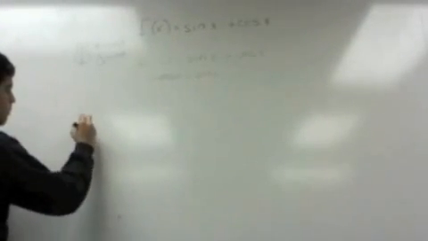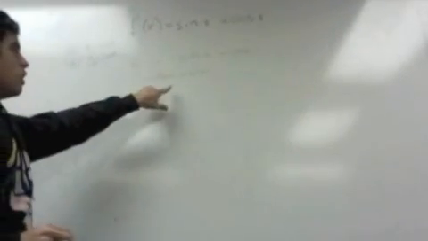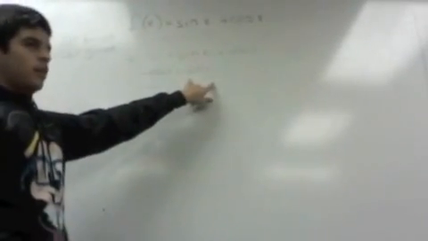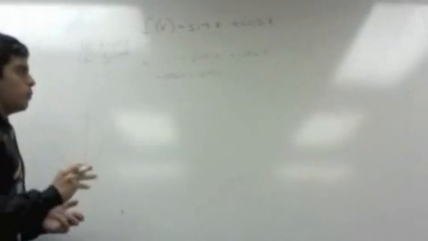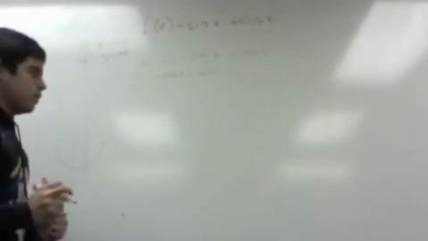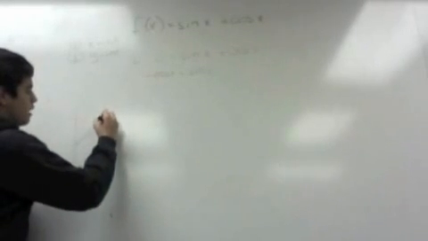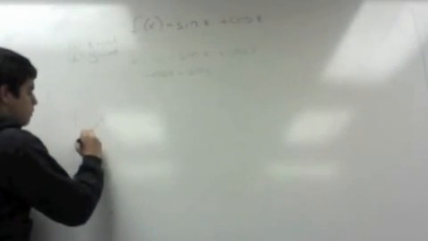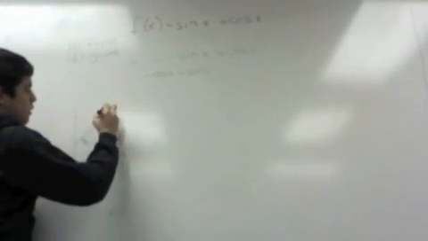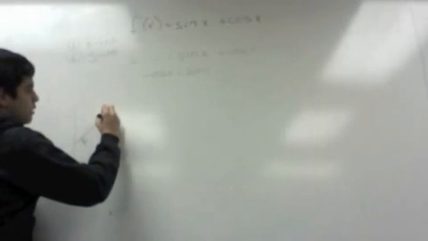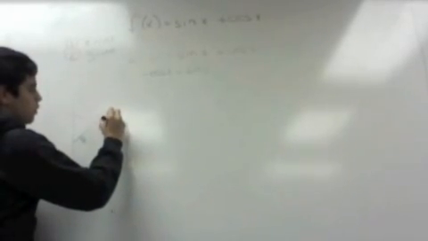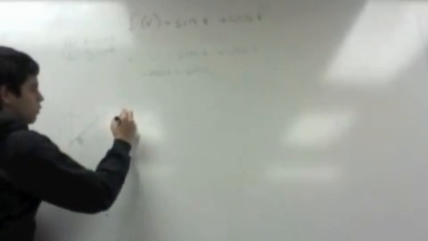So here we have the unit circle, and where are the values of cosine and sine equal, but with different signs? If you know the unit circle, you know that at pi fourth, the values of cosine and sine are square root of 2 over 2 and square root of 2 over 2.